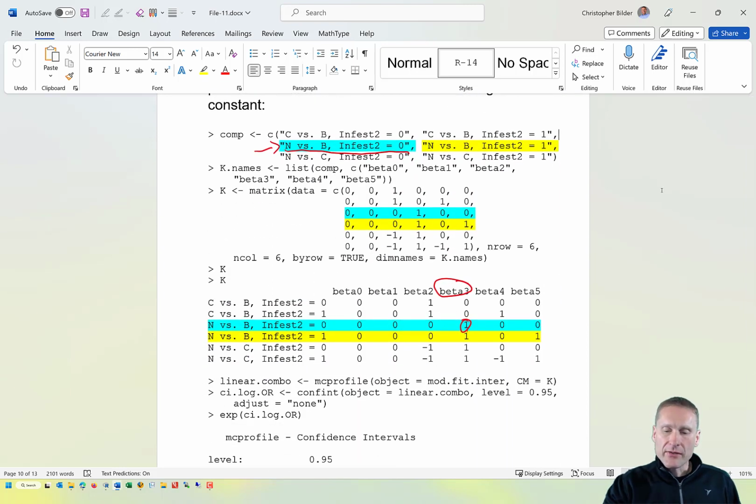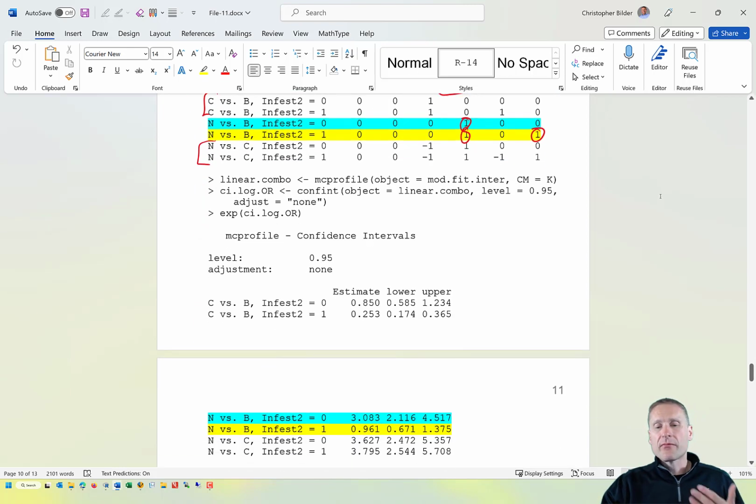So look what happens. I have a 1 here for beta 3. I have a 1 here for beta 5. Again, take a look at C versus B and N versus C on your own. So I put all these zeros, ones, and negative ones into my K matrix. I have some nice labels here so that one can make better sense of what's going on.